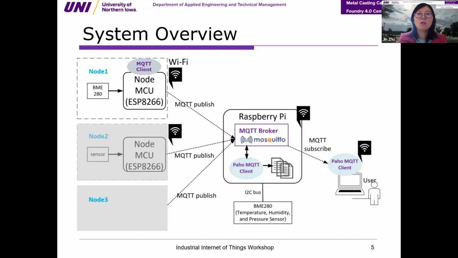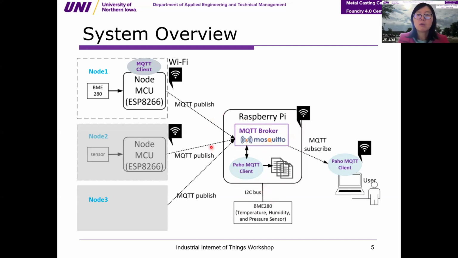Here's the system overview we are going to implement. This is the portion that we're going to implement. In the Raspberry Pi, we'll set up the MQTT broker. At the same time, we connect one BME280 through the I2C to the Raspberry Pi.